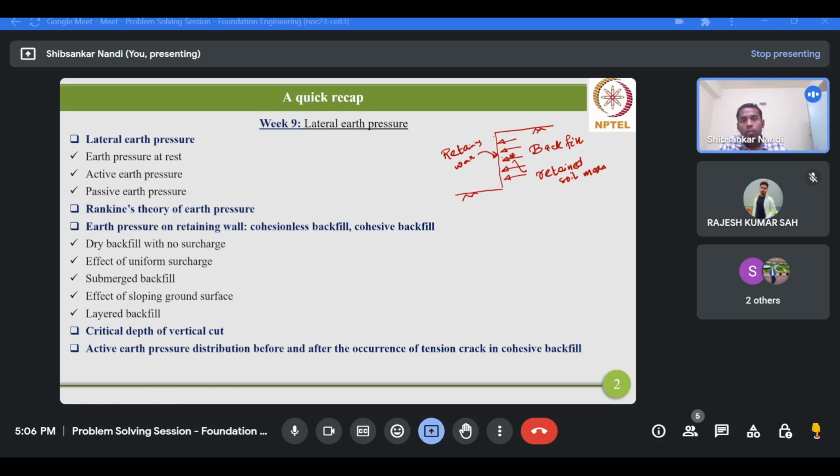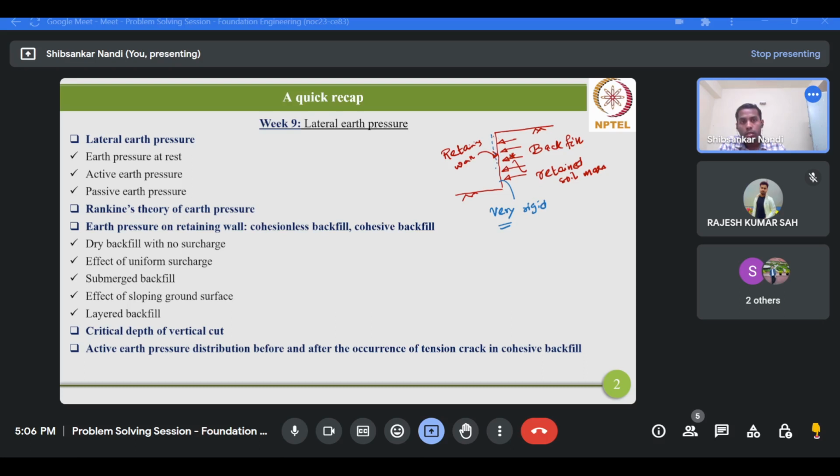Depending on the movement of this wall, this pressure is categorized into these groups. First of all, when there is no movement, if the wall is very rigid, due to the pressure exerted by the soil, it's not moving.